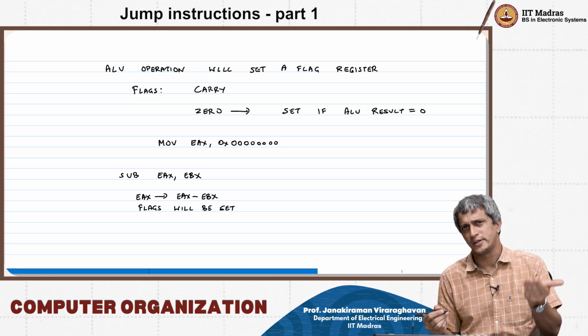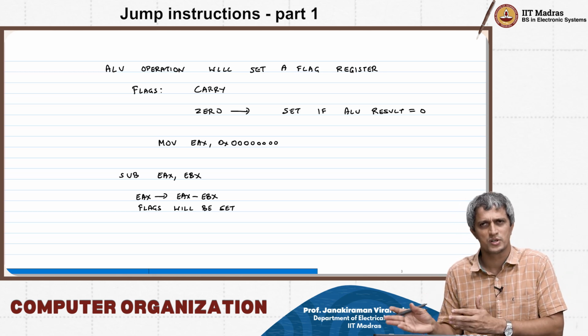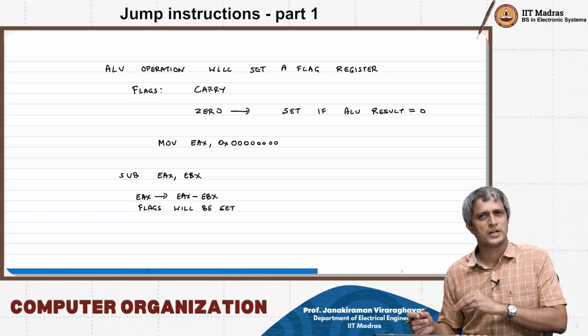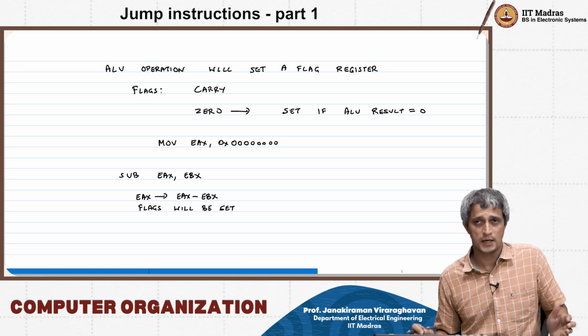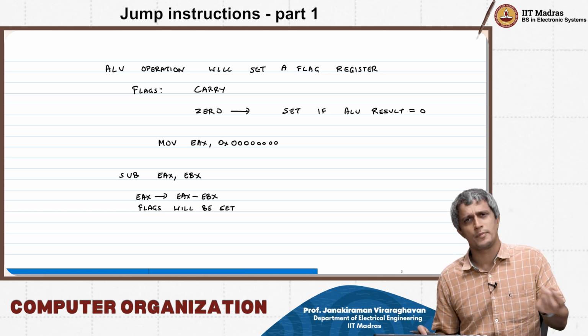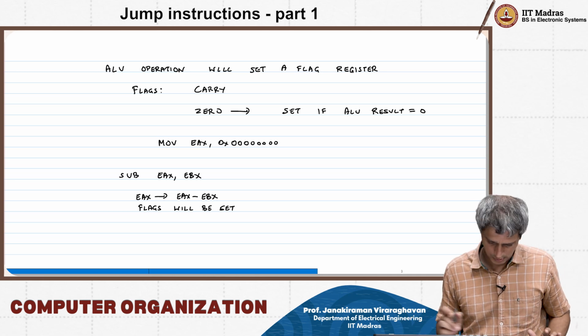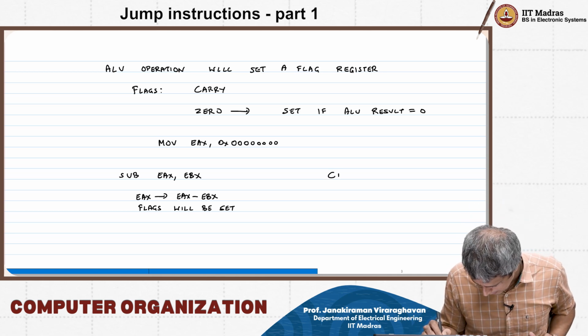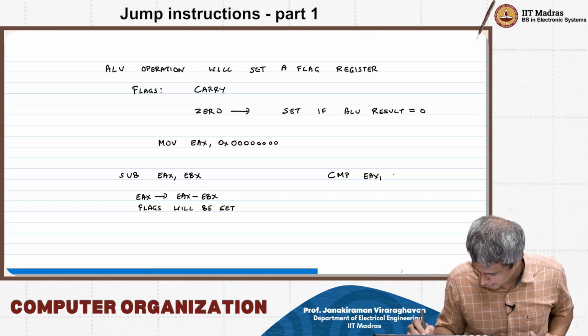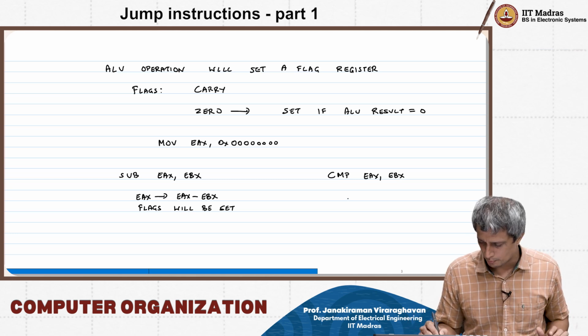Right? So if the answer is 0, then it will set the 0 flag. If there's an overflow, it will do that. If there's an underflow, it may set various flags in the process. On the other hand, the compare instruction, EAX comma EBX, does something very simple.